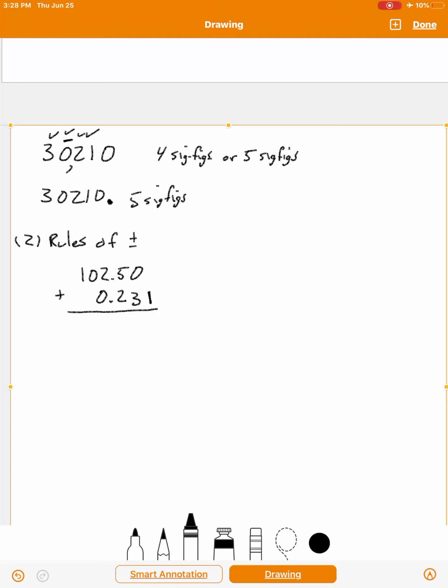And then you go through the arithmetic. And then you round. And here's the rule of addition and subtraction.